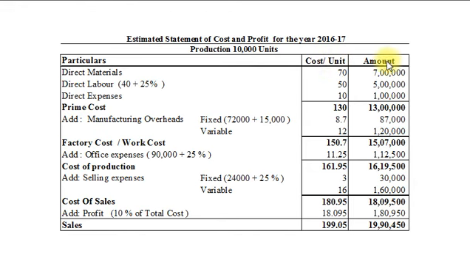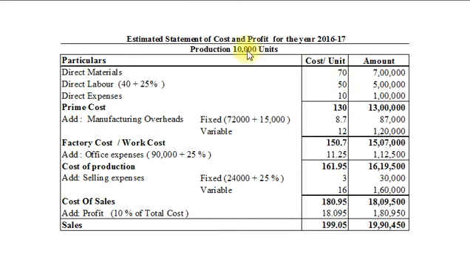Dear students, please remember, while preparing the estimated cost sheet, first we consider cost per unit and then we find out the amount. Direct material. There is no information about changes in direct material cost for the year 2016-17. So it will remain constant at rupees 70 per unit.